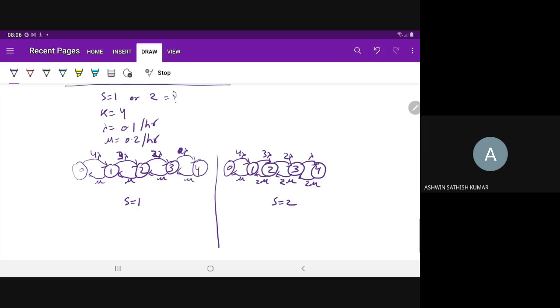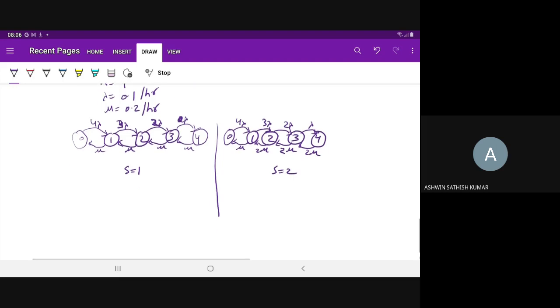Means when the number of servers increases, the rate also increases. So when we have two or more failed machines, both repairmen will repair the failed machines.